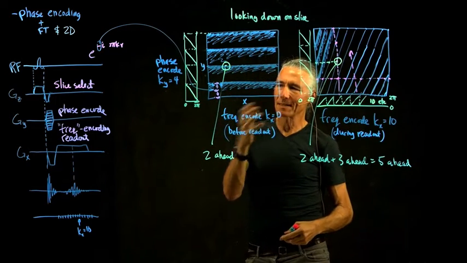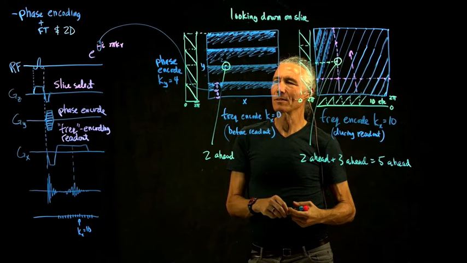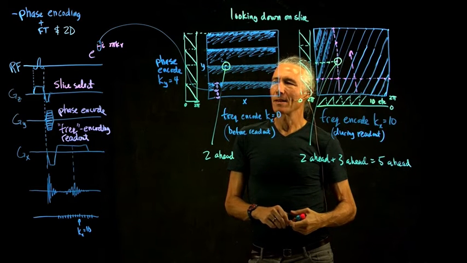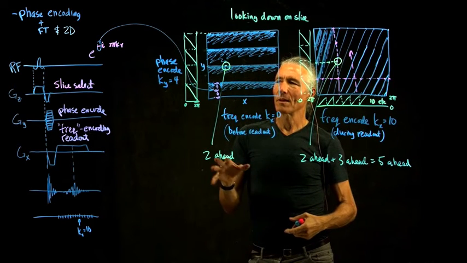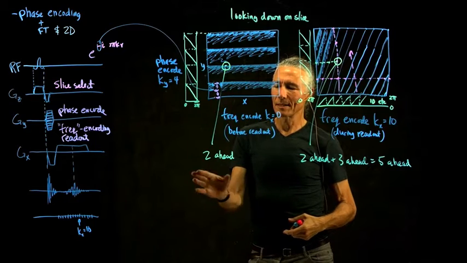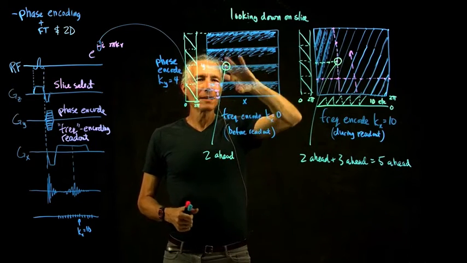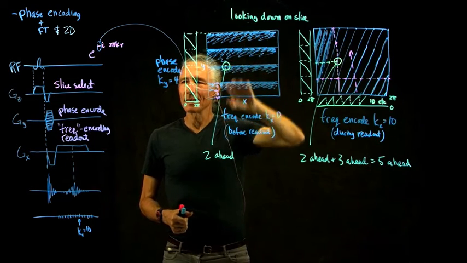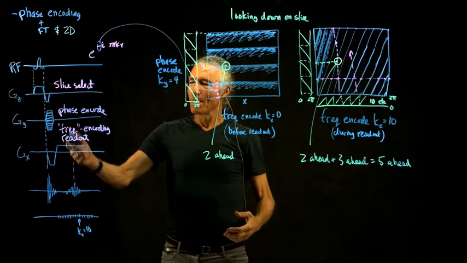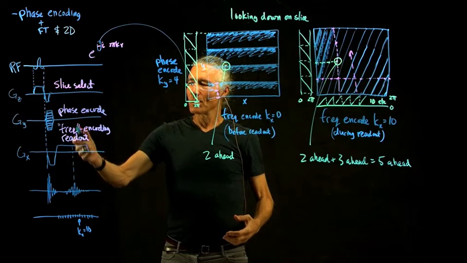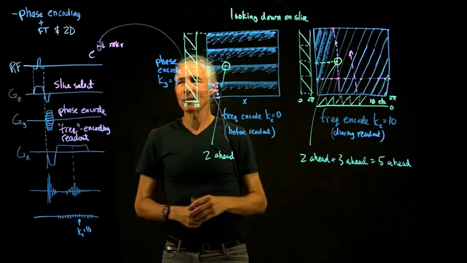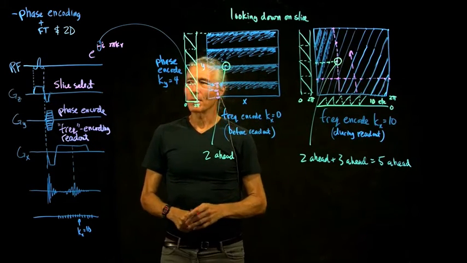And you could easily imagine how you could extend this out into 3D. I'll talk about that in a little bit. But this is an important thing: if you can get this idea that you're just wrapping up the spins, and the only difference between the phase encode and frequency encode is just the direction that you're wrapping the spins up in.